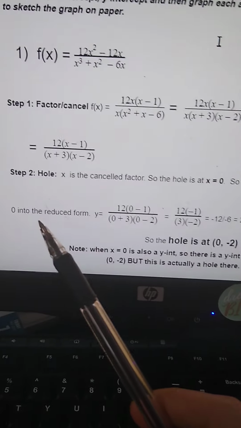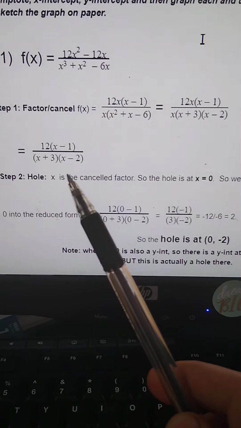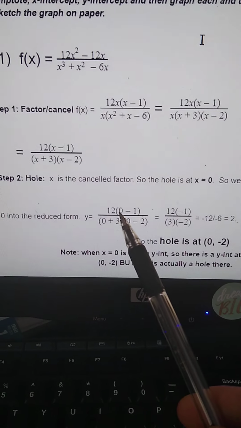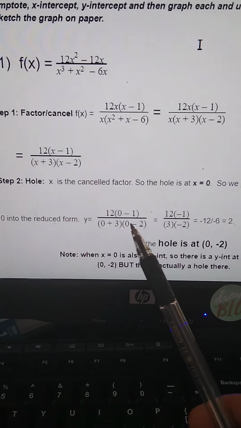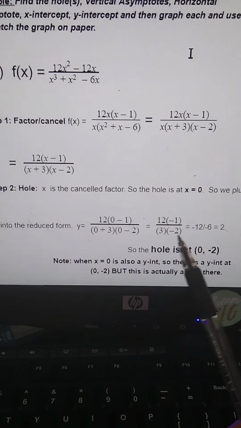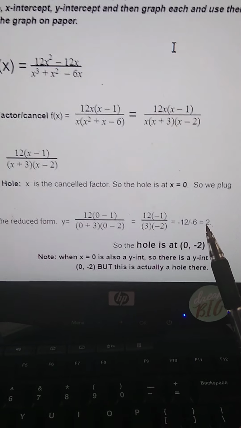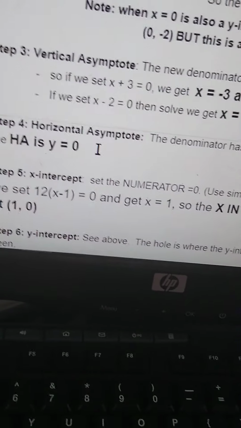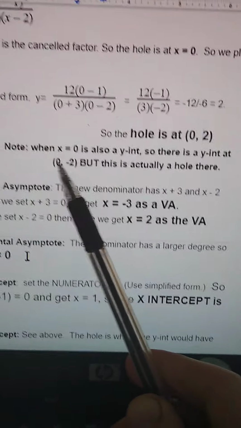So I'm going to plug 0 into this reduced form. When I plug 0 in, 12 times negative 1, 3 times negative 2 would give me negative 12 over negative 6, or 2. So what I have then is a hole at 0, 2.